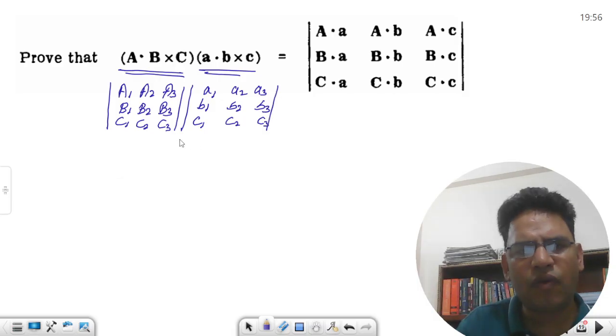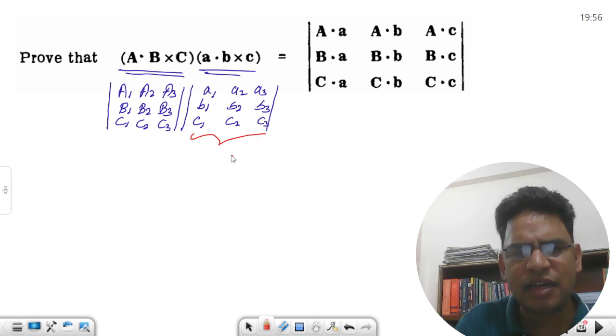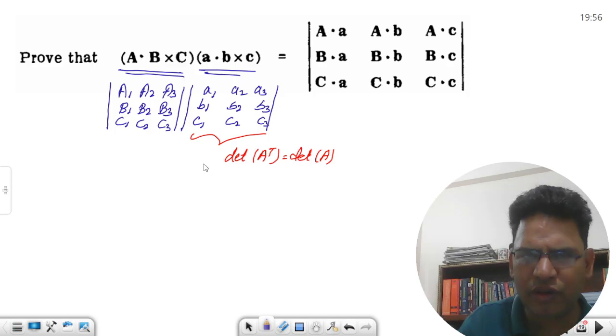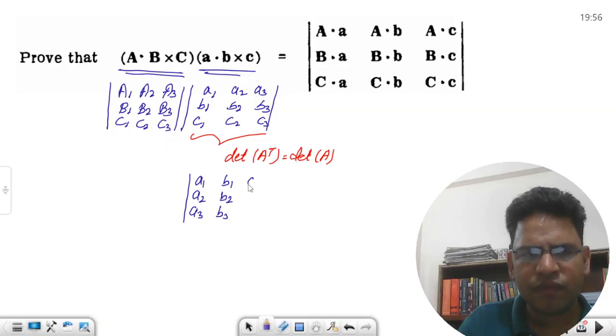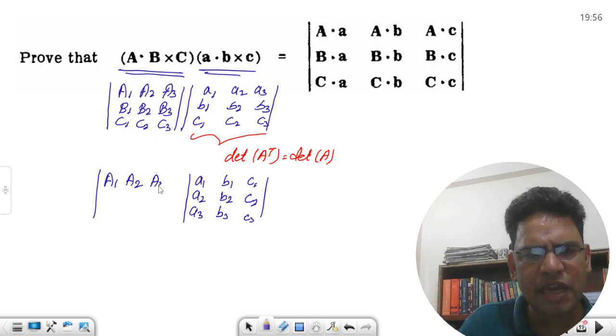Now I am using one property: determinant of A transpose is the same as determinant of A, right? So if I take the determinant, if these were matrices, it is the same as if I were to write A1, A2, A3, B1, B2, B3, small c1, c2, small c3, and in the left hand side you have a1, a2, a3, b1, b2, b3, c1, c2, c3.